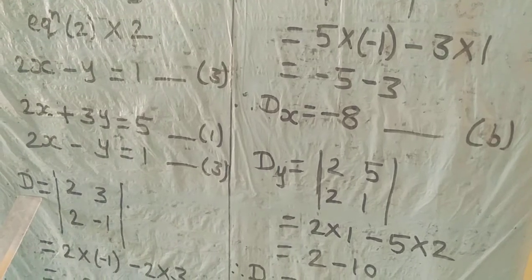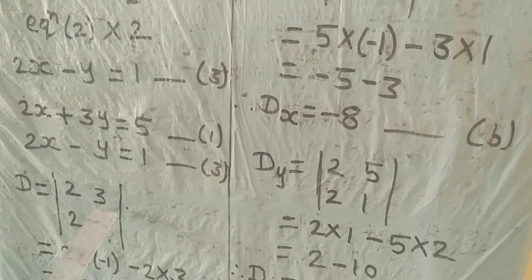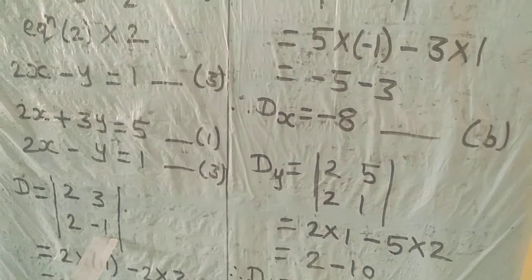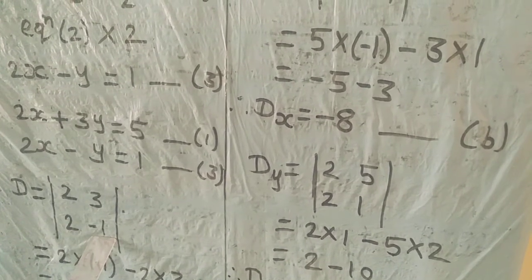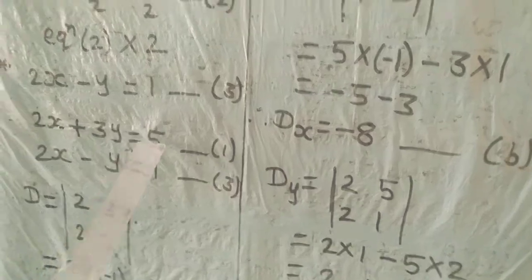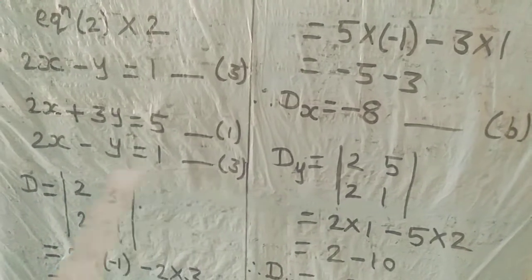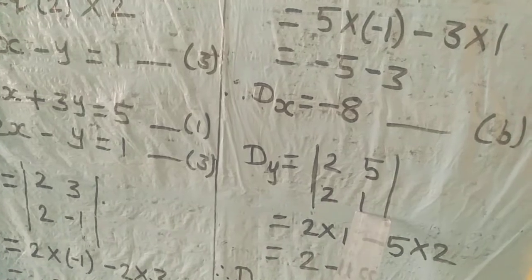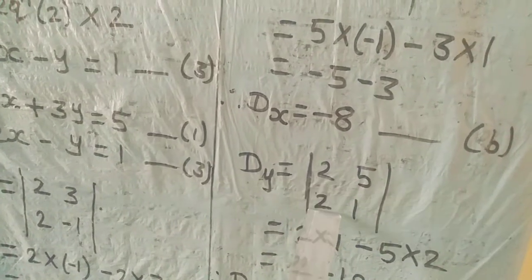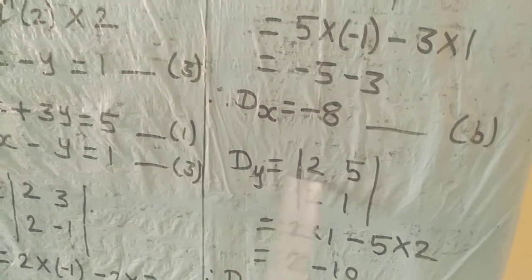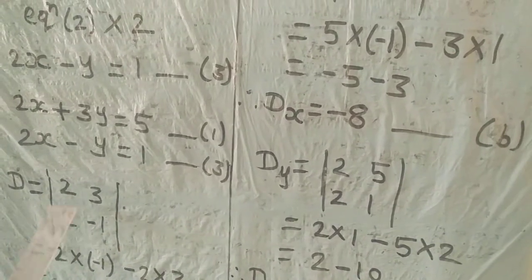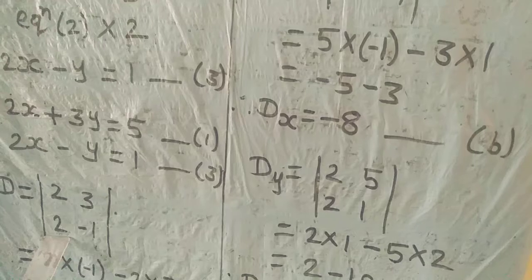Coming to the determinant d, you have to exclude the column of y, and instead of that you have to put the column of constant terms, that is 5 and 1, and keep your x column as it is, that is 2 2.